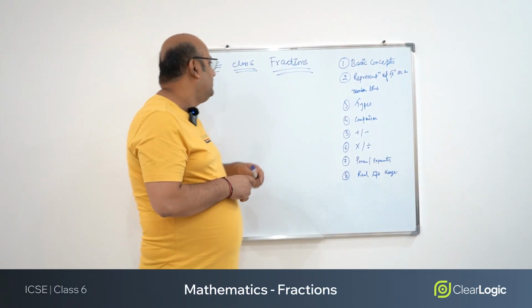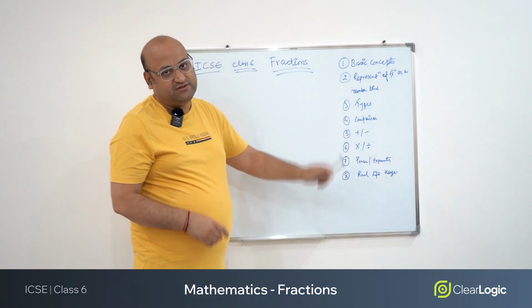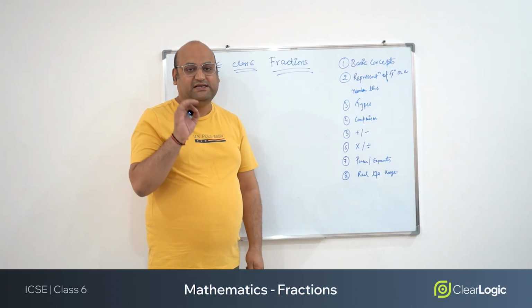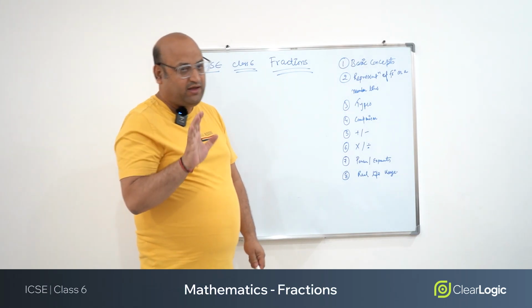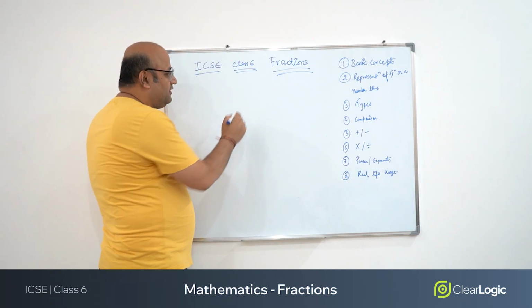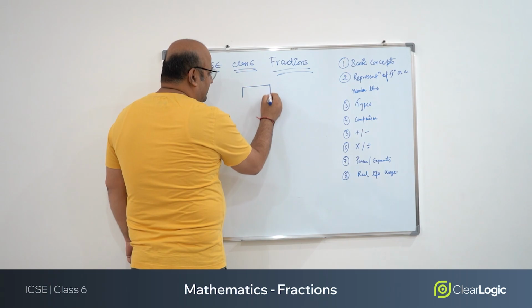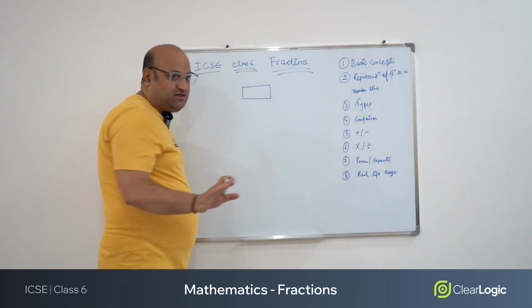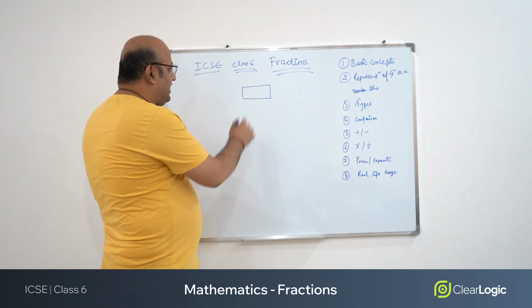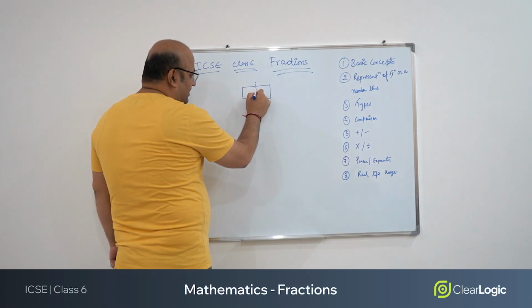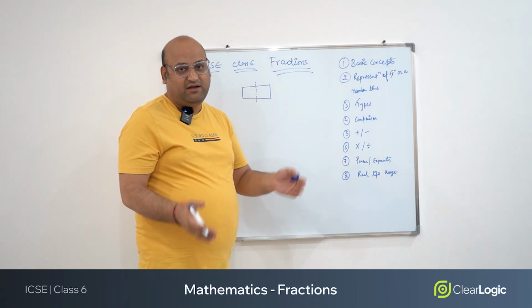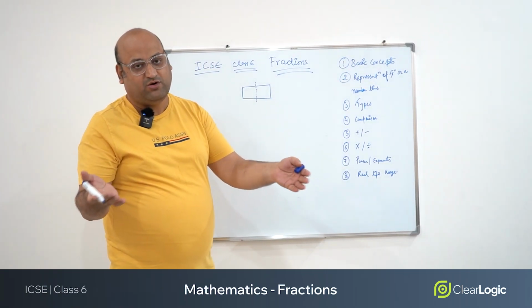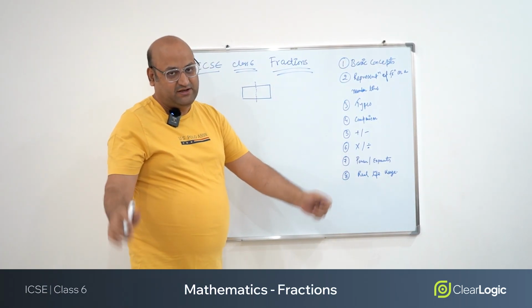So let's start with what is a fraction. Basically, a fraction is a part of a whole. Let's take a very simple example. You have one chapati or roti, Indian bread, and you cut it into two halves because you want to distribute it between two persons.